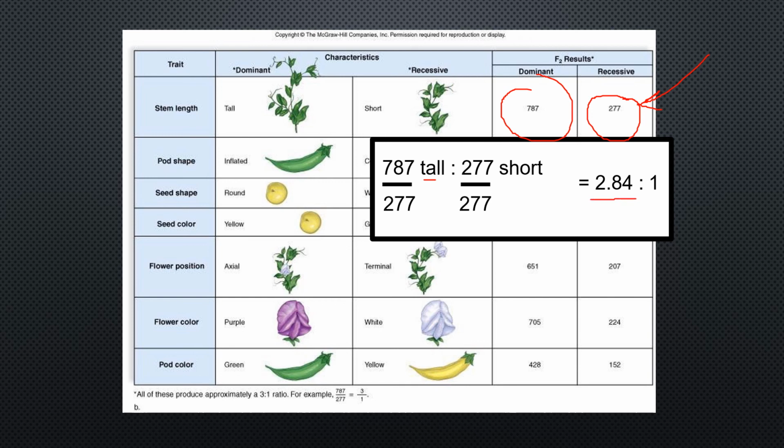And then, of course, our recessive over recessive is 1. So he applied this to multiple traits, looking at just one at a time, and he found essentially that all of those traits, when we had a heterozygous parent self-pollinated, produced 3-to-1 offspring every time. Okay, so that means that we had specific units of information being passed on in predictable mathematical ratios.